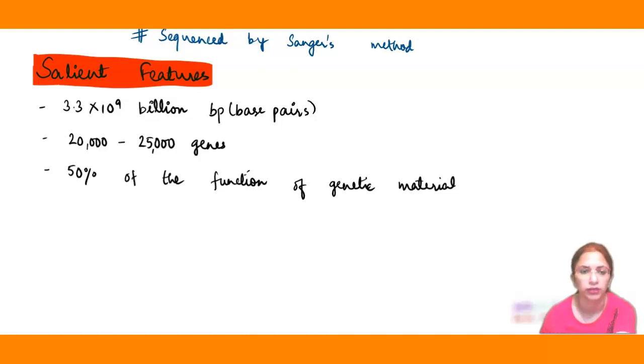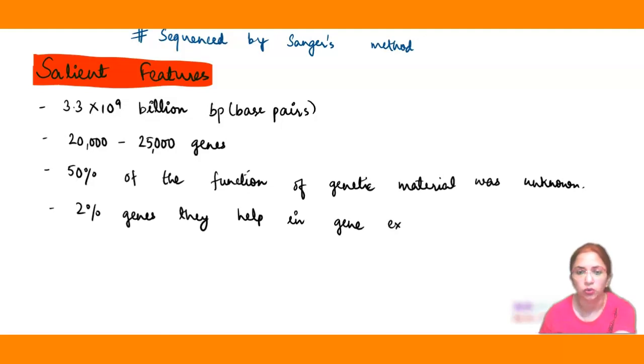What are they doing? Okay, so 50% function of the genetic material or genes was unknown. It was found out that only 2% of genes help in gene expression. Okay, so only this percent of genes help in the gene expression.